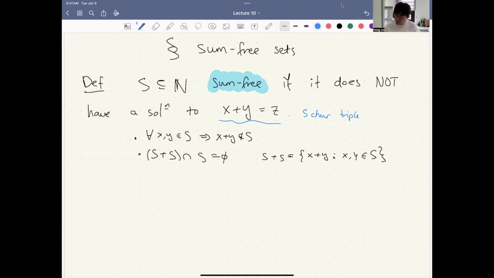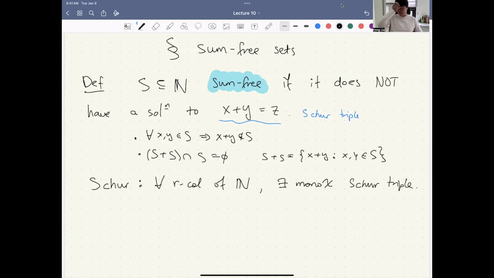So this is a Ramsey type statement: for any r-coloring of N, there exists a monochromatic Schur triple. Now we're going to consider a Turán type problem instead of a Ramsey type one.